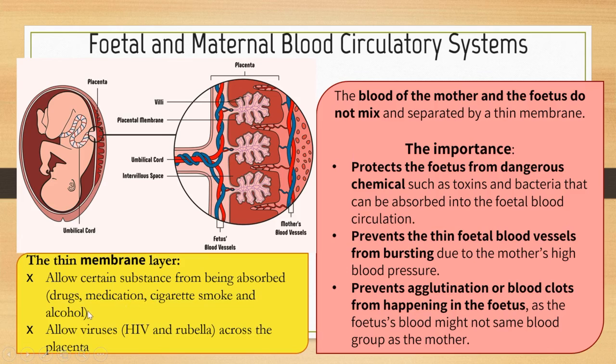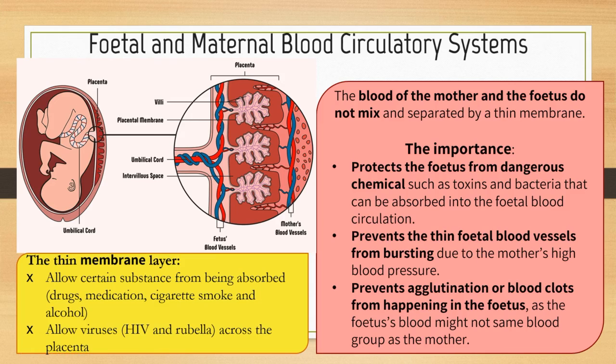The thin layer also allows viruses through, because the virus is very tiny. The size of the virus is in micro, so it can still cross the placenta and attack the fetus.